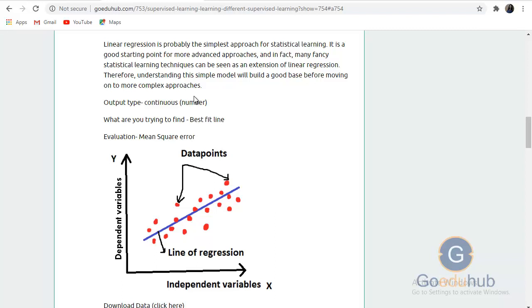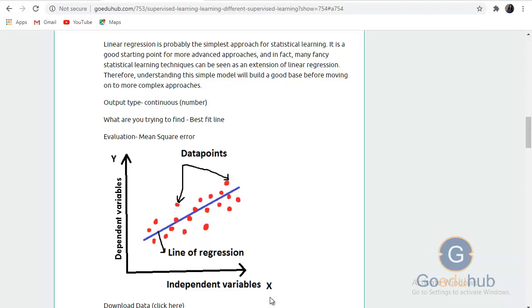What we are trying to find is a best fit line, and we evaluate the model through the mean square error. And the most important difference between simple linear regression and multiple linear regression is that multiple linear regression has more than one independent variable, whereas simple linear regression has only one independent variable.